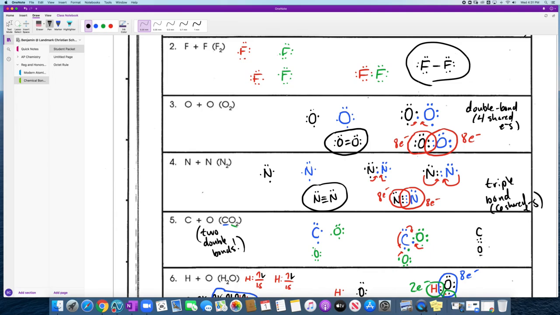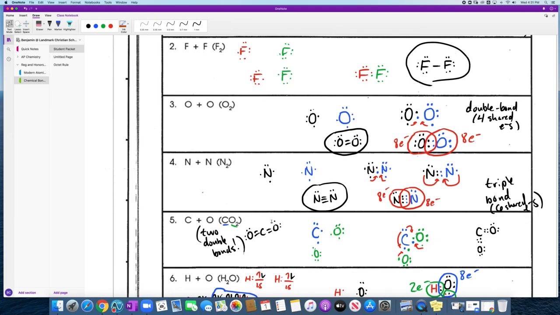Doesn't have to look exactly the way mine looks. All right, and normally we draw it straight, but notice we've got 2 double bonds on here. So the Lewis structure for carbon dioxide is like this.